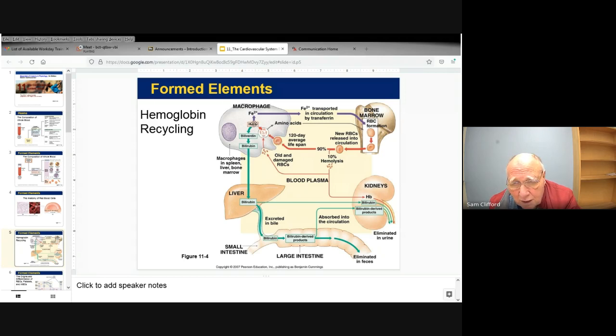The iron from heme is recycled back into the bones, and elimination of bilirubin can occur in the kidneys and in the large intestine. They live about 120 days, and they are very important in carrying oxygen.